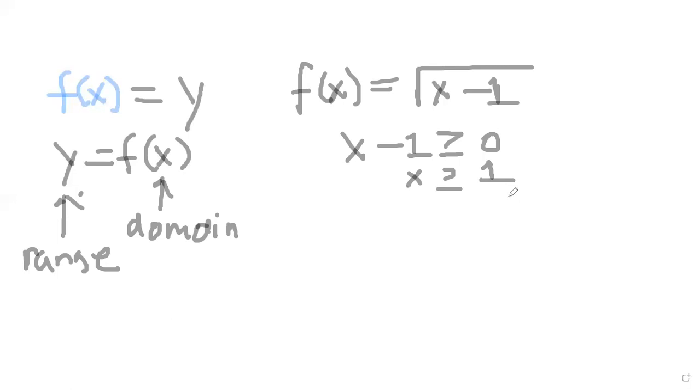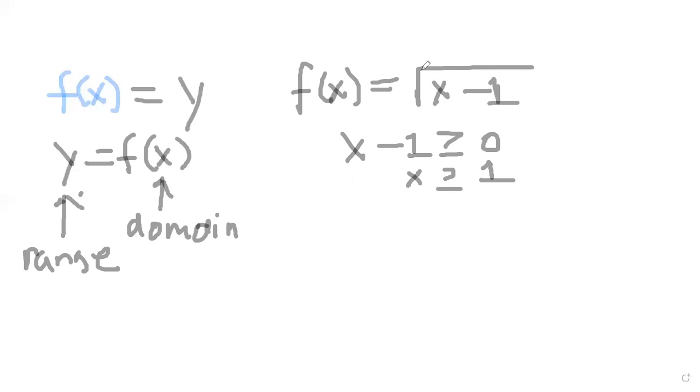Now, we know the range. Look at this square root again. You can't get a negative out of a square root. However, you can get a 0 out of a square root.